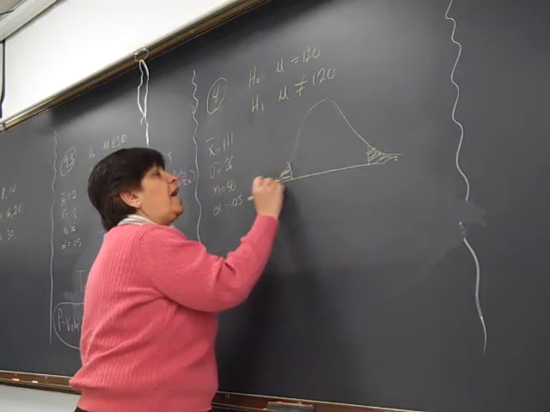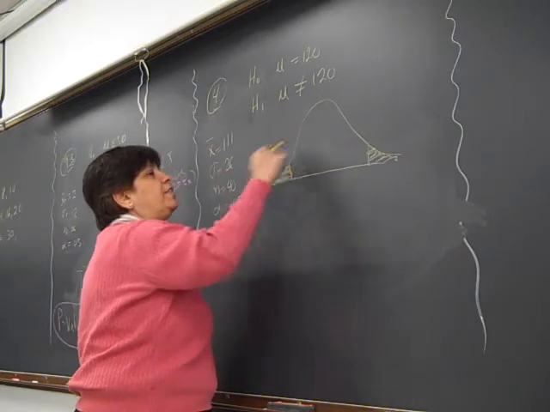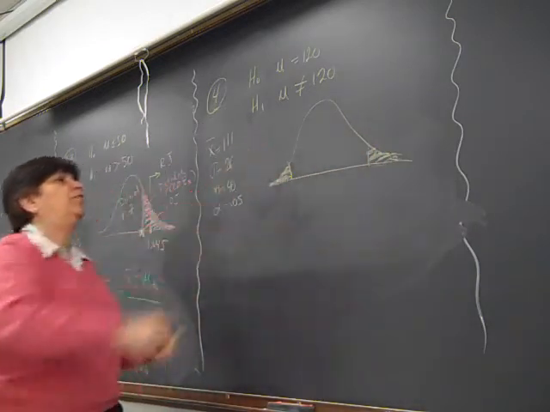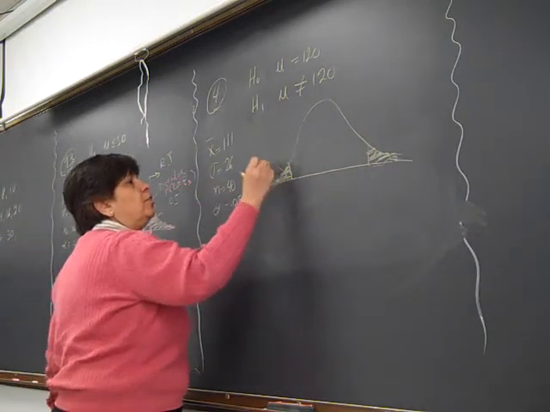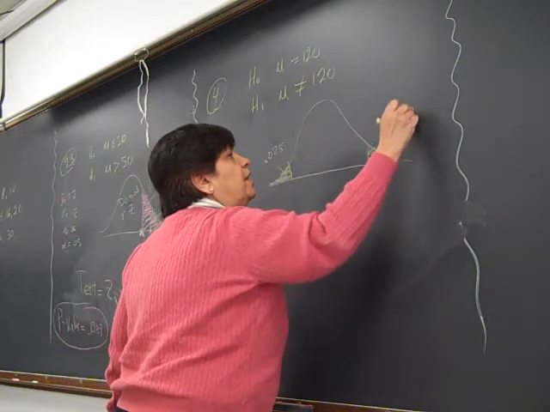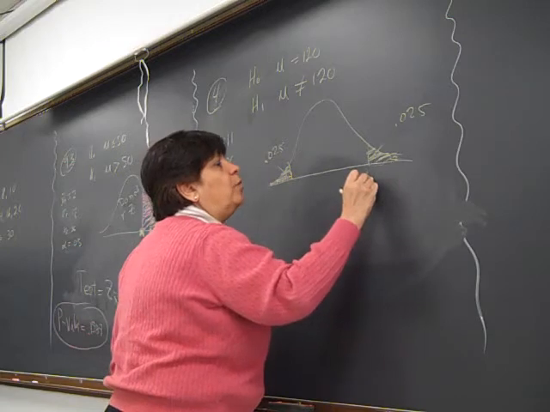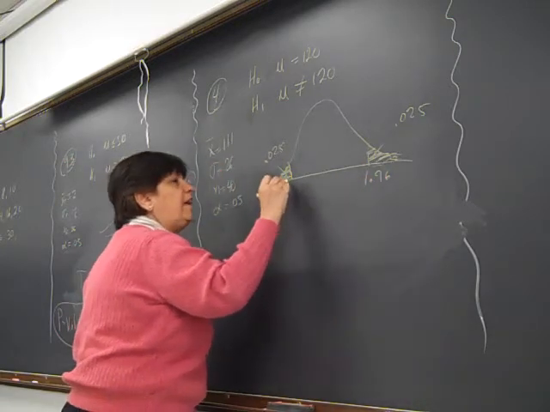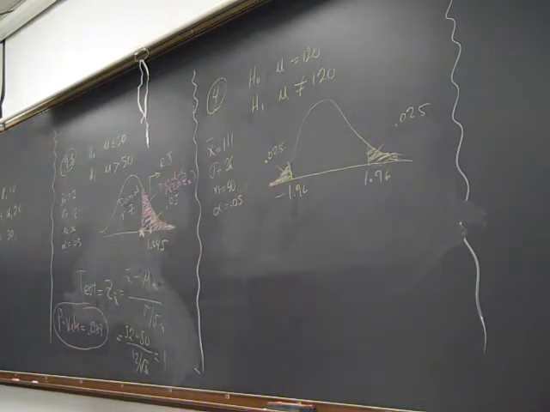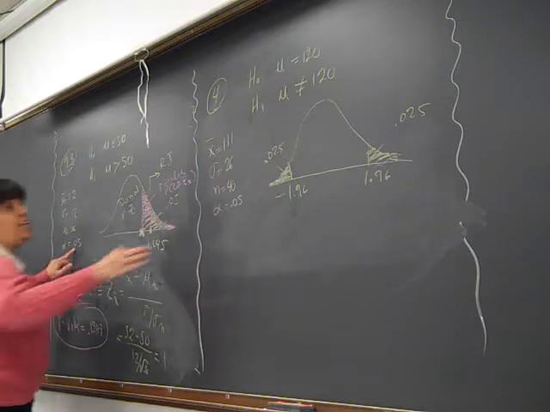And of course, my alpha is going to be divided in two zones, right? This is alpha divided by 2, and this is alpha divided by 2. So this is 0.025, and this is 0.025. And so I have positive and negative 1.96, and these are my critical values. You're going to say, well, the alpha is exactly the same.